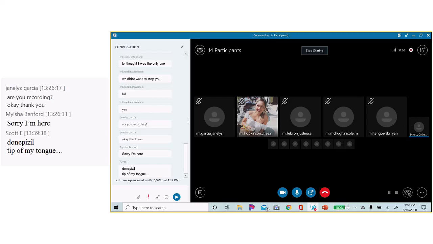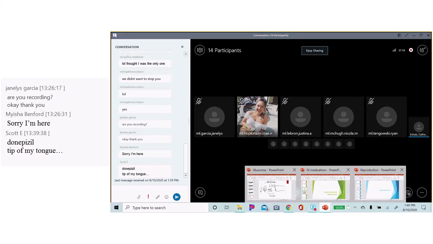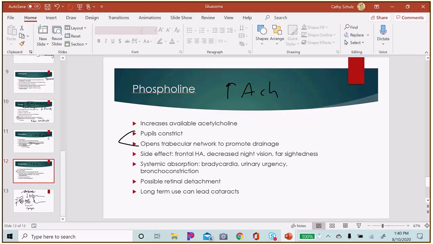Neostigmine was the one that was mentioned on ATI. Those are medications that increase the available acetylcholine in the synapse, hopefully in the skeletal muscle, so that we can increase muscle activity. So it's just another type of those medications.